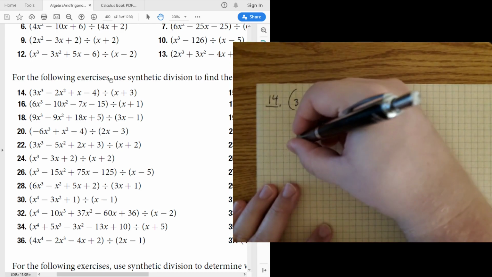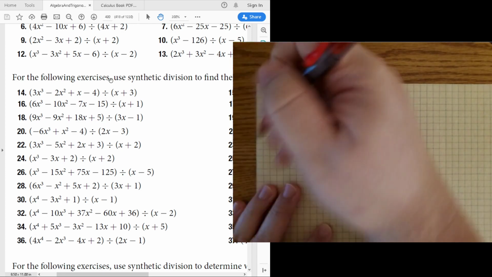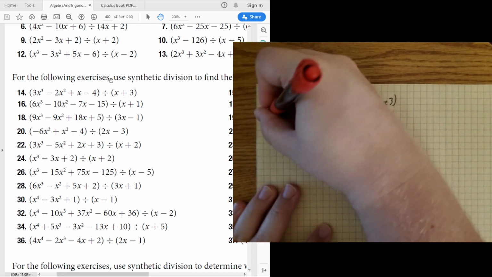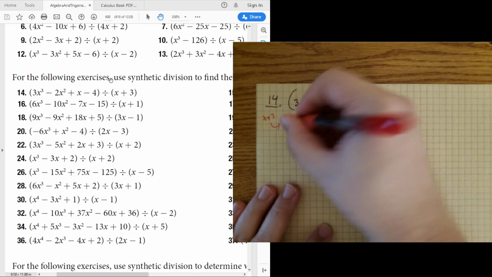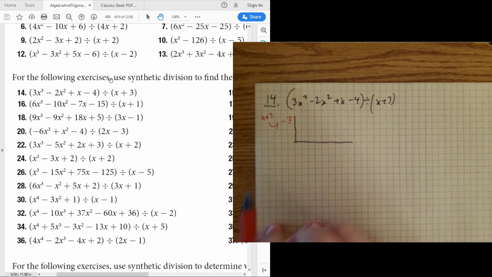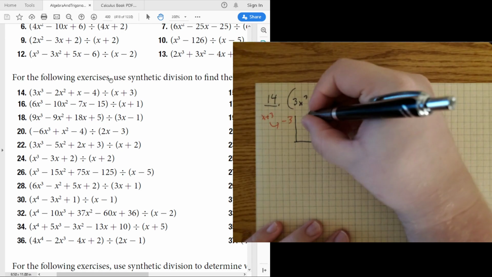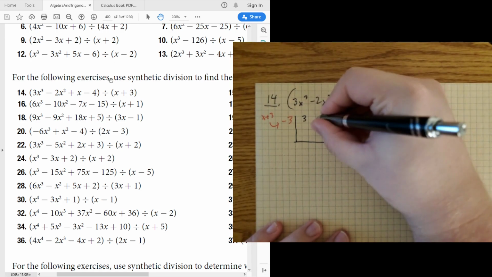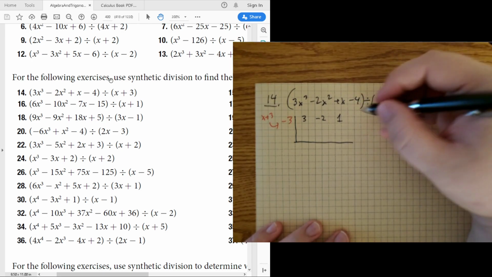So, let's write it down. I have my k. If my original problem is x plus 3, then my k is going to be negative 3. So the positive 3 becomes a negative 3. My numbers inside would be the first coefficient, 3, second coefficient, negative 2, third coefficient, 1, because it's a single x, and then negative 4.